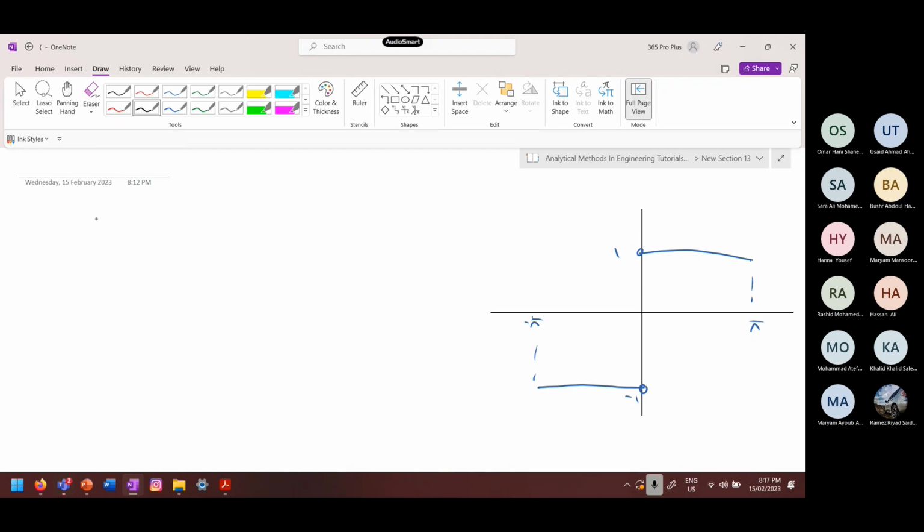Now you need to find a0, which is the integration 1 over L, negative L to L, f of x dx. You can see that f of x is made of 2 functions.